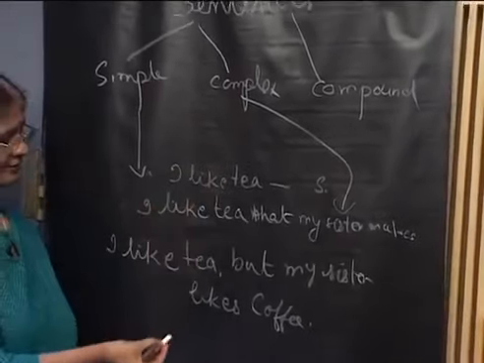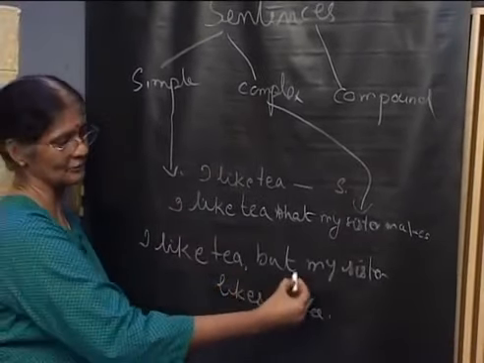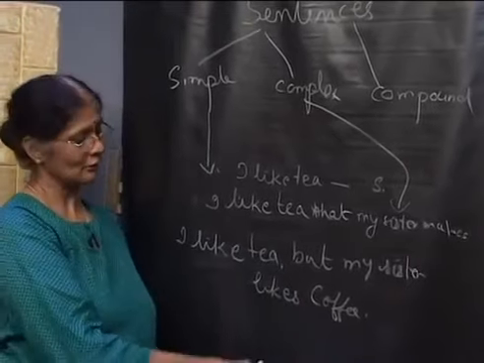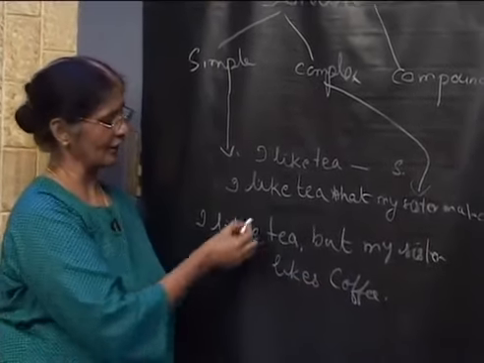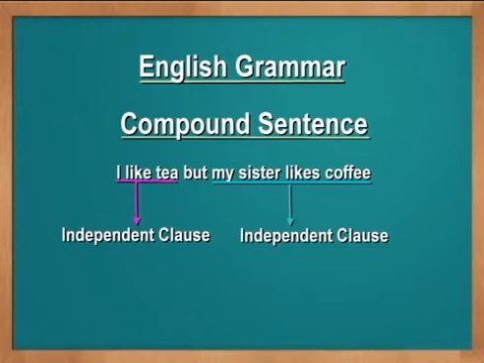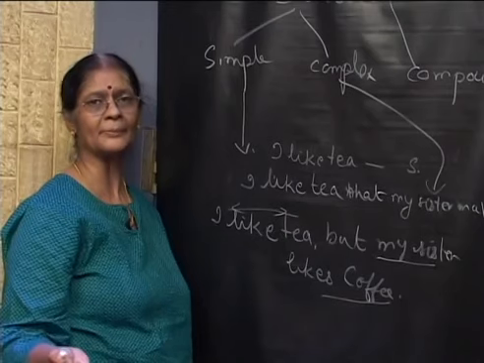And compound sentences: I like tea but my sister likes coffee. Now look at this sentence very carefully. "I like tea" is a full sentence. It can stand independently on its own. It conveys a meaning on its own. But here, "my sister likes coffee" also can stand on its own and conveys an independent meaning.